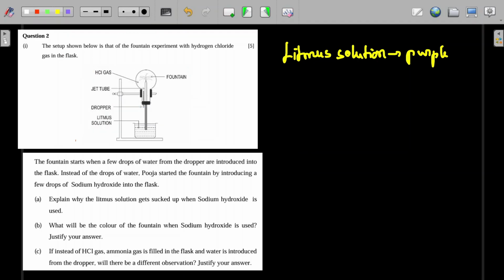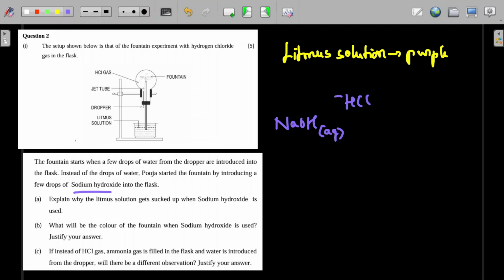Now coming to here, instead of the drops of water, Pooja started the fountain by introducing a few drops of sodium hydroxide into the flask. A. Explain why the litmus solution gets sucked up when sodium hydroxide is used. See, sodium hydroxide solution also has water, and sodium hydroxide is a base. HCl is an acid. Two things are happening here.